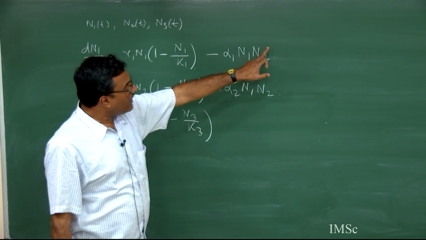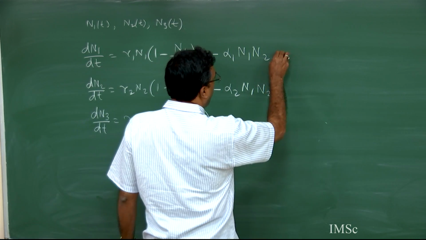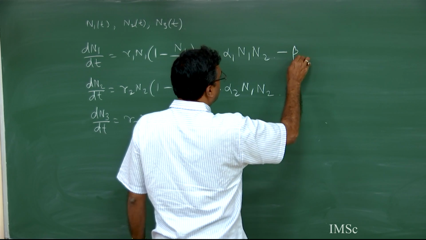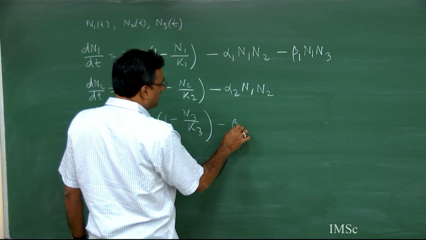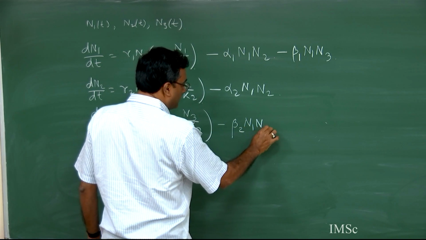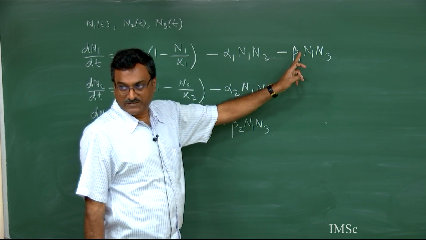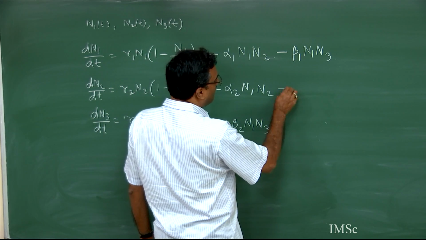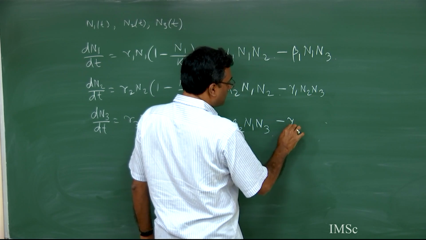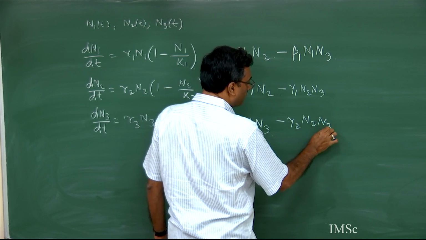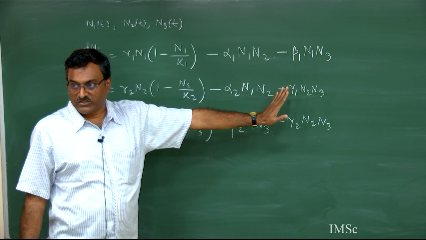Similarly, N1 competes with N3 also, so there will be another negative term here, that is minus beta1 N1 N3 and minus beta2 N1 N3. These terms come from the competition between the first and third species, and finally you will have gamma1 N2 N3 and gamma2 N2 N3. So, this is the three species competition model.